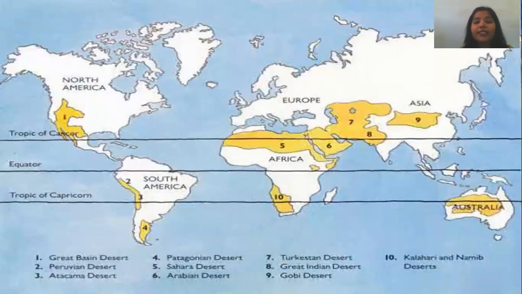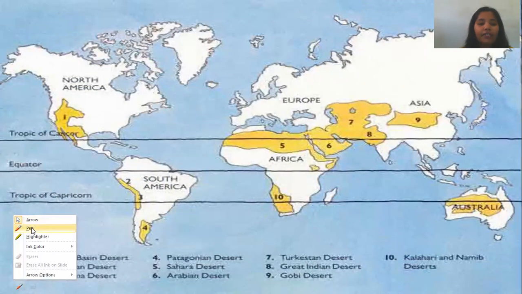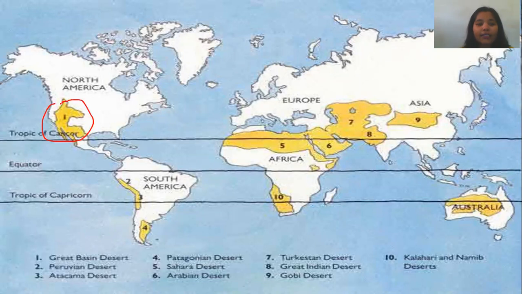Now students, just look at the map. Here you can see that some regions are colored yellow, right? And this yellow color shows the desert regions, right students?